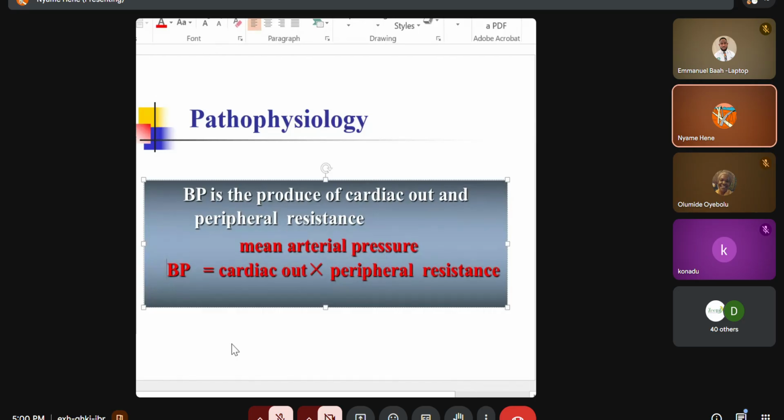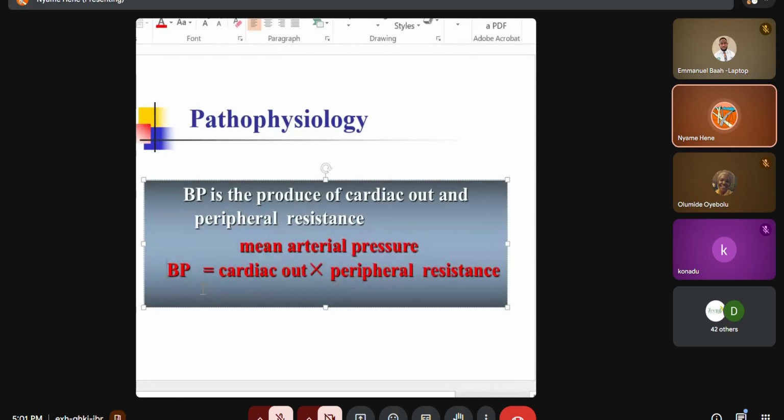So BP equals cardiac output times peripheral resistance. So it means that when the cardiac output is high, it will affect the BP. When the peripheral resistance is high, it will affect the BP. Whenever this one is low, it will affect the BP.